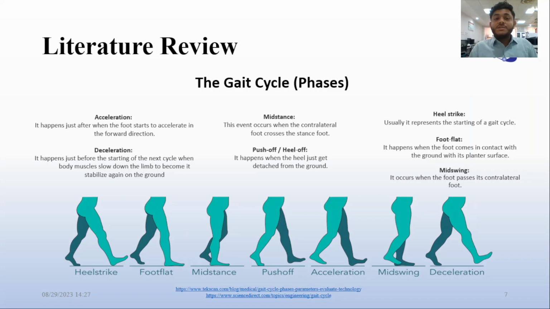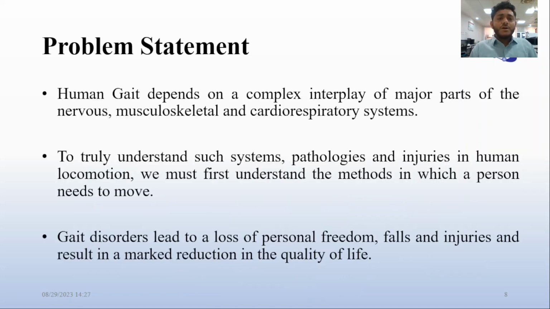To truly understand such phases or gait cycles, it is important to develop some tool to analyze the gait cycle. Therefore, we have some problem statement, that is human gait depends on a complex interplay of major parts of the nervous, musculoskeletal, and cardiorespiratory systems.